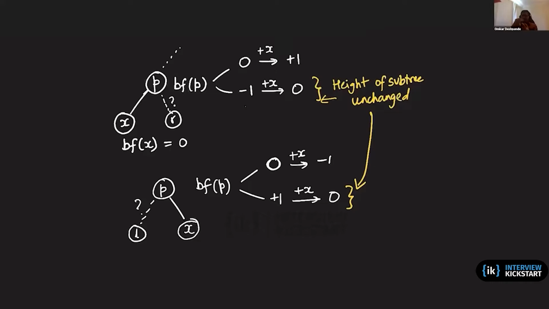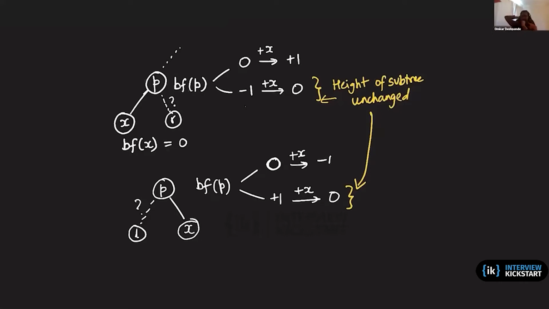For each ancestor, the height of the left or right subtree to which X belonged might change, and that change might cause some of those ancestors to become imbalanced, in which case we have to figure out what to do.